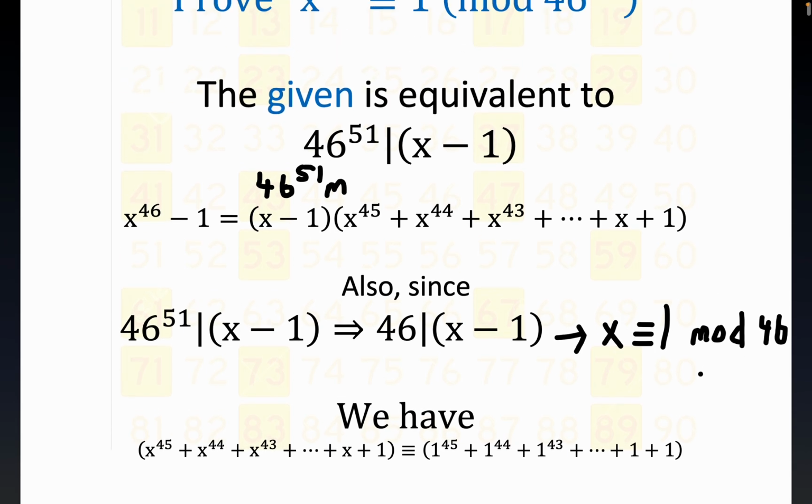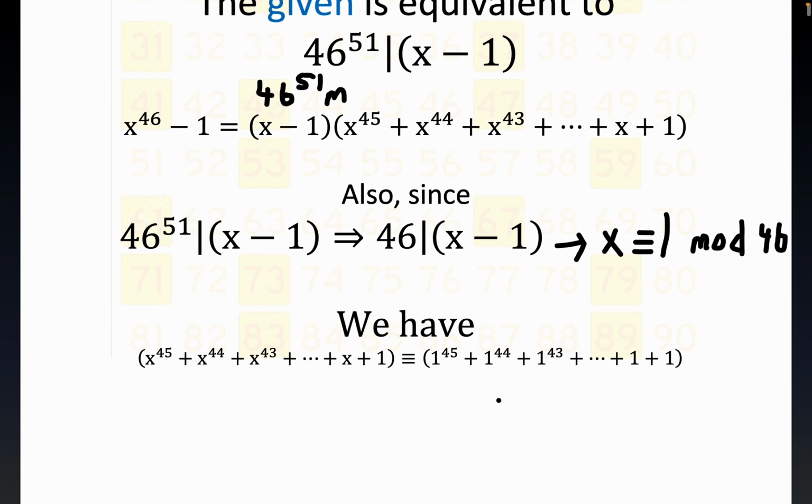But this is equal to 46, or I should say congruent to 46, because we actually use congruence to get here. Now you can actually say it either way. But this part right here is congruent to 46 mod 46.